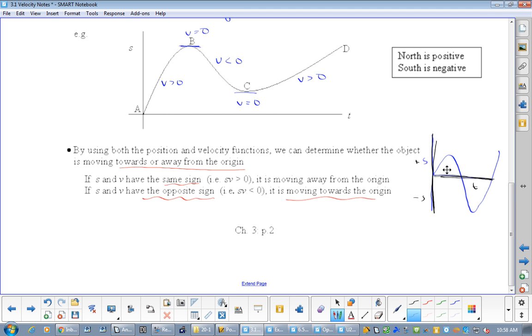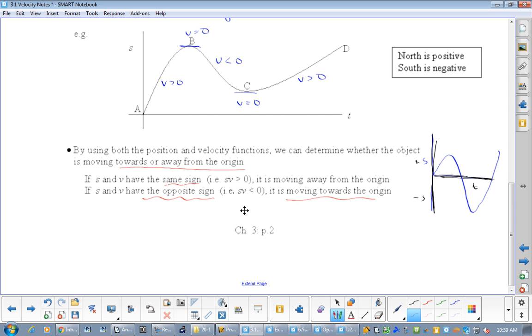If we have positive S and positive V, do you see how we're getting away from the origin? Positive S, negative V. We are getting closer to the origin. Then we get to here. See how we have negative S and negative V? Same sign. Therefore, getting away from the origin. Here we have negative S, positive V. It's opposite signs. We will be getting towards the origin.